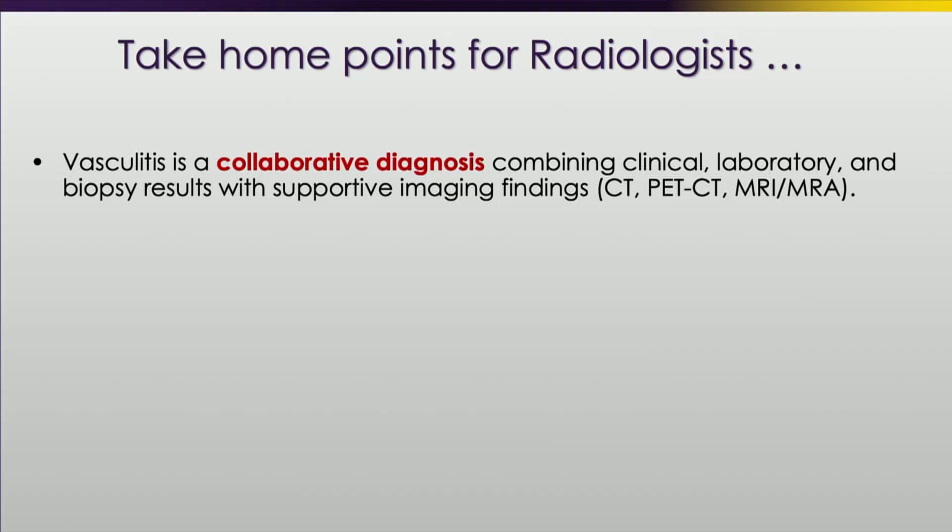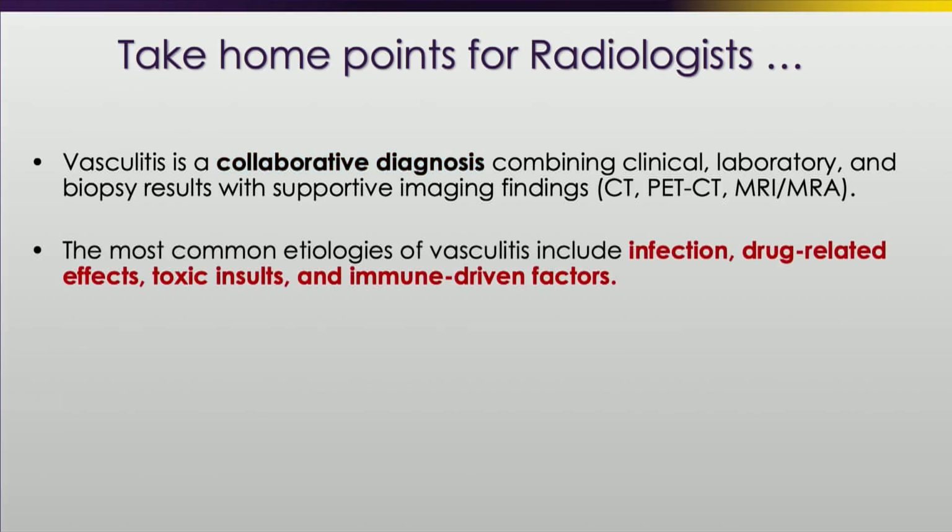So it's time for me to sum up, and here's some take-home points for us as radiologists. Vasculitis is a collaborative diagnosis that is combining clinical, lab, and biopsy results along with our supportive imaging findings. We've reviewed some of the more common etiologies of vasculitis, especially in the chest, including infection, drug-related effects, toxic insults, and of course, those immune-driven factors.